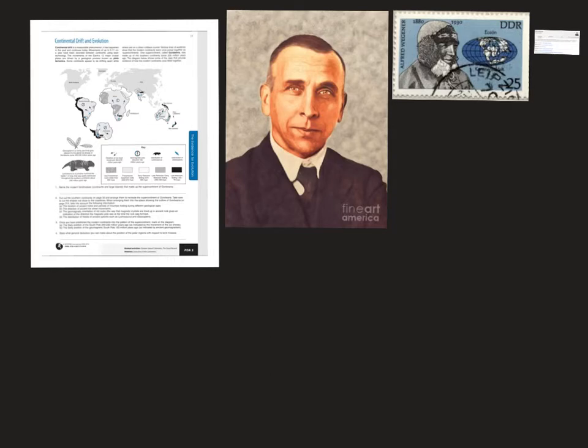But Wegener said they were both wrong, that the continents were changing, they were moving, but they weren't moving up and down the way the Europeans thought, and they weren't static the way the North Americans thought. They were moving horizontally. The problem that he had is that he could not explain what mechanism could possibly move all the continents of the world.